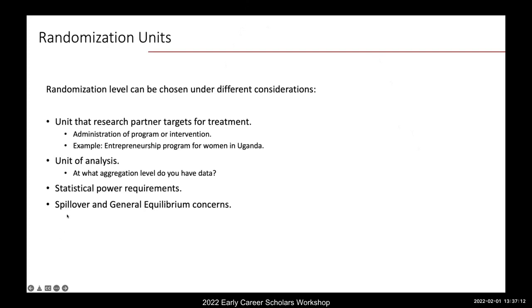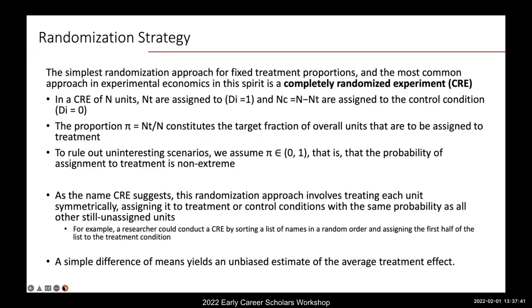Okay, so this means that if you have data at the individual level and you can implement at the individual level, but you're highly concerned about spillovers because people live in a village very, very close to each other, for example, then you might consider randomizing on the village level to ensure that your estimates are not going to be confounded because of spillovers. Okay.